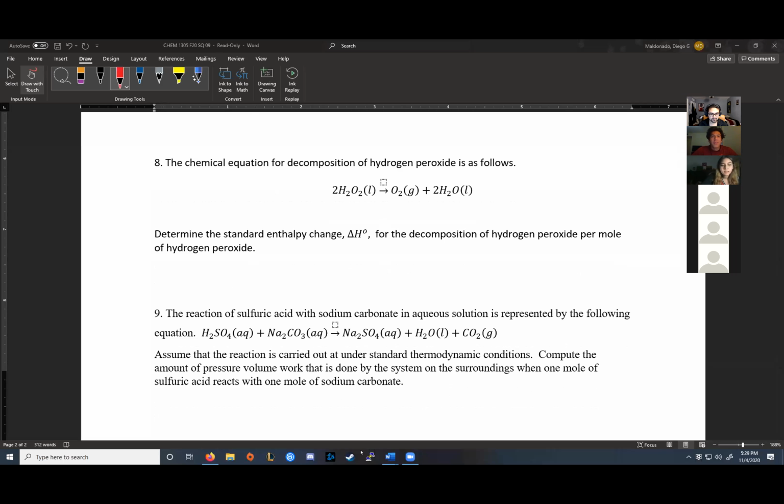Okay. So it's saying the chemical equation for the decomposition of hydrogen peroxide is as follows, and they give it to you, and luckily it's already balanced, so you don't have to worry about that. Then they say determine the standard enthalpy change delta H for the decomposition of hydrogen peroxide per mole of hydrogen peroxide. Okay, so this one's pretty standard.